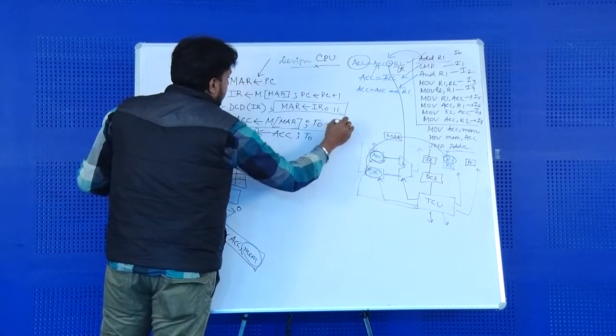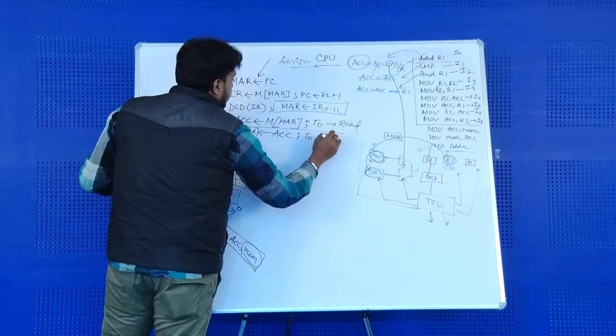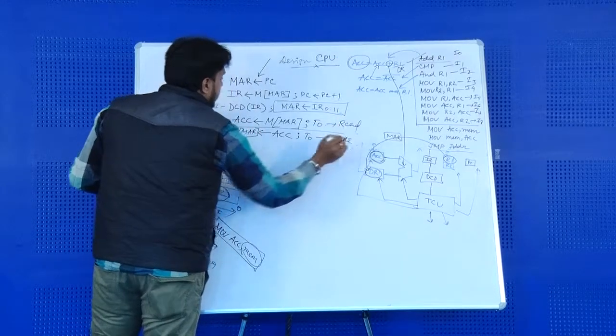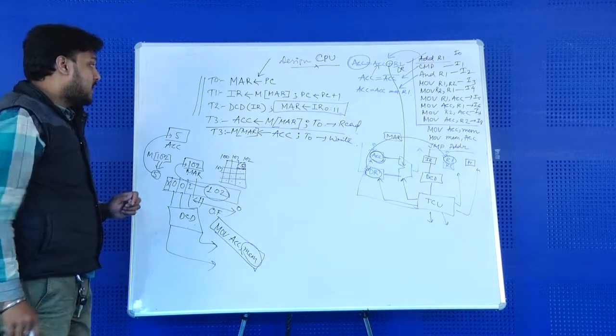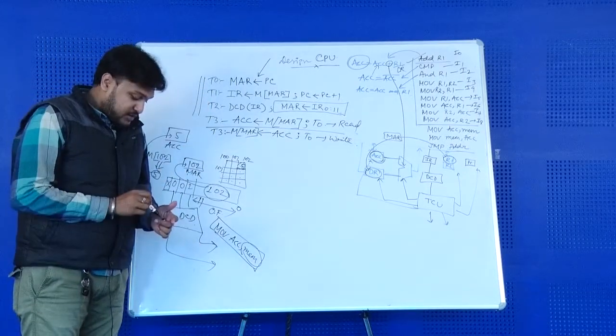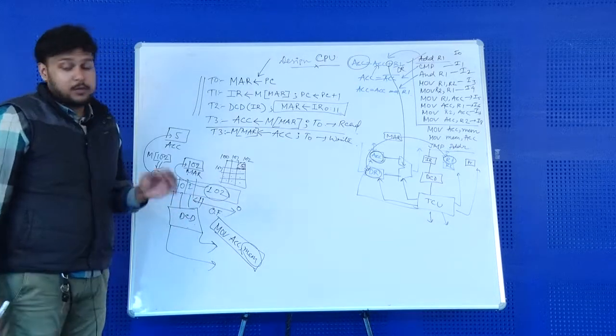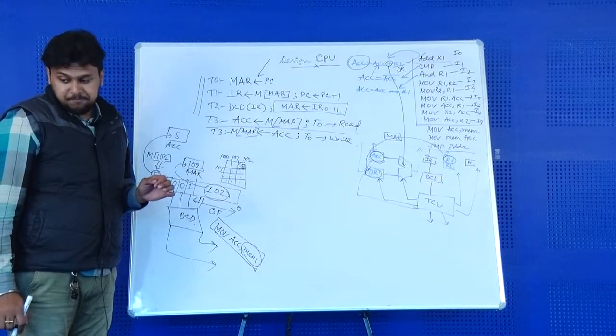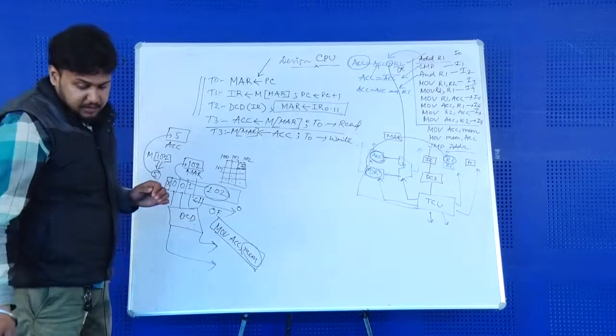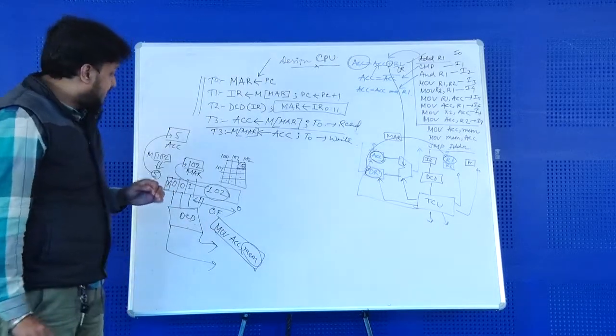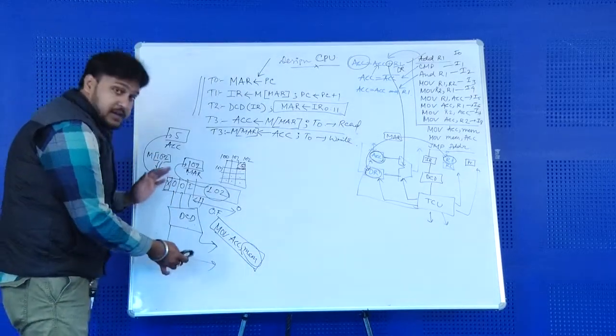This is memory read and this is memory write. So these are the operations, these are basically the micro operations. I think till now it is clear. Now let us proceed further, let us discuss this in detail.